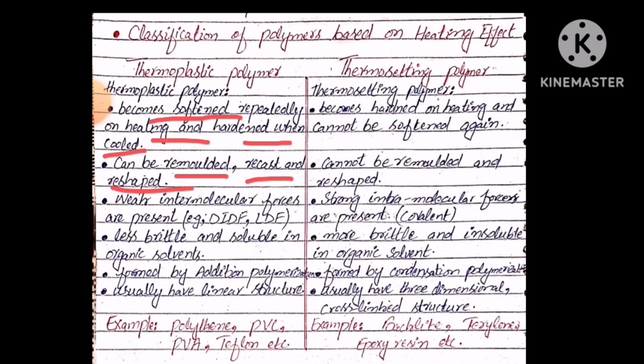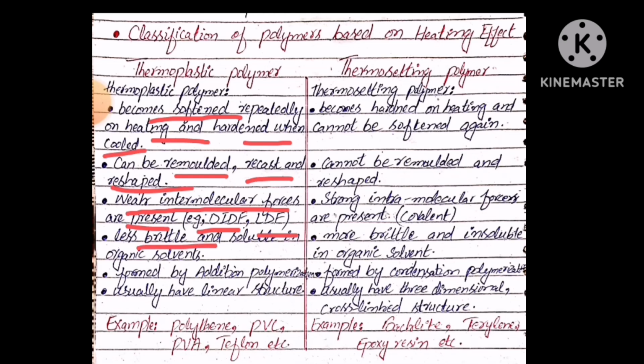If we can remold and reshape, it means that weak intermolecular forces are present in such structures. So what type of weak forces are these? Dipole induced dipole forces or London dispersion forces.